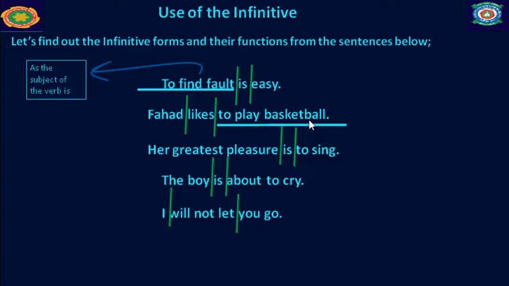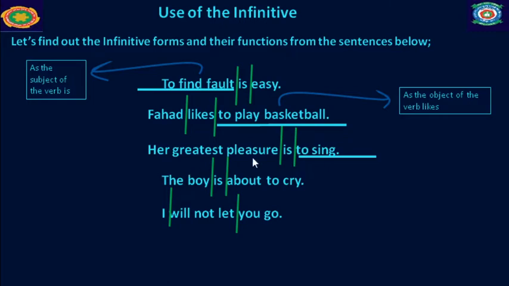Fahad likes to play basketball. Also, it is after the main verb, that is in the objective portion, okay? Her greatest pleasure is to sing. The same structure, it is also after the verb and it is in the objective part. The boy is about to cry. Here you can see about is a preposition, right?